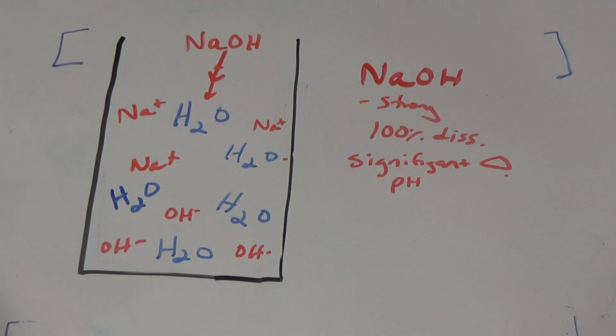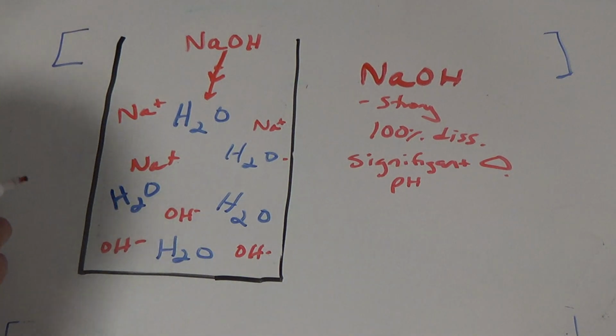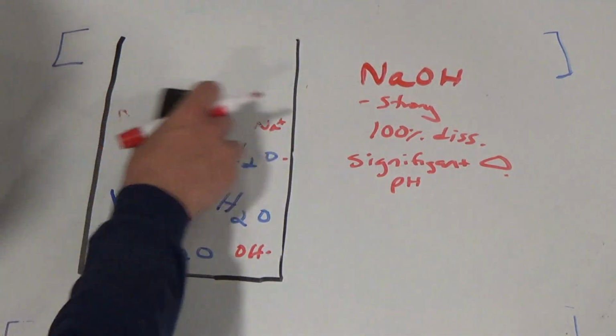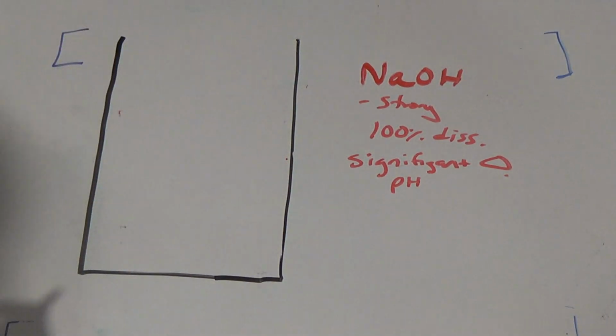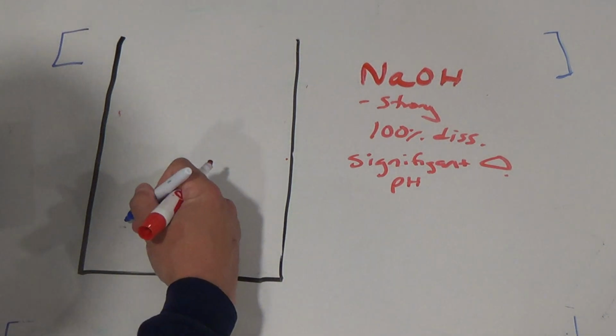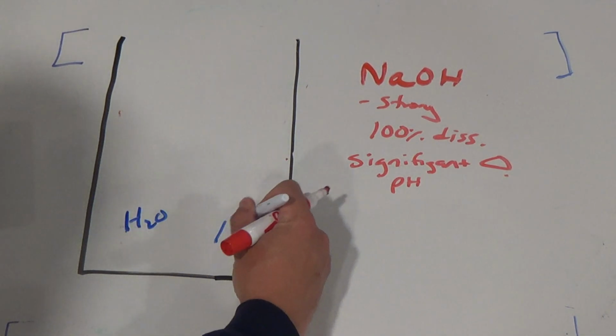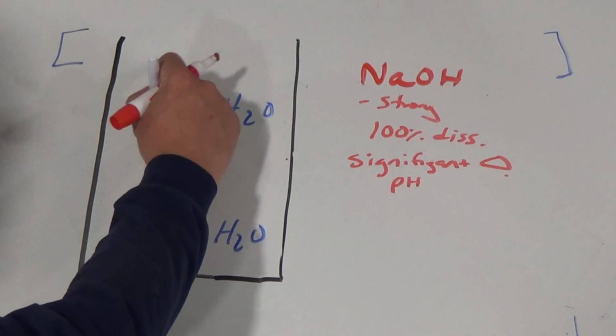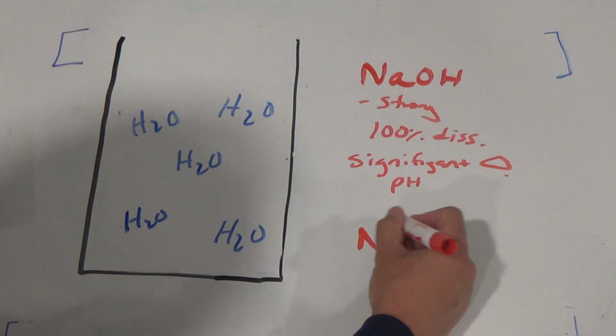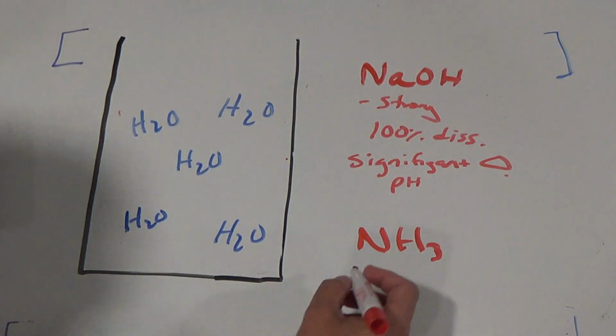Let's get a weak base. Let's go with NH3, ammonia. So let's draw 5 waters. Now, NH3. You know the Lewis structure.